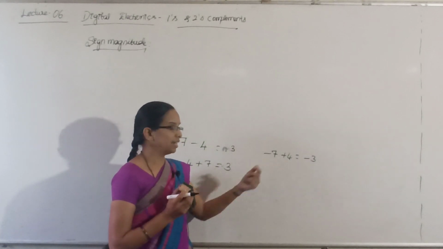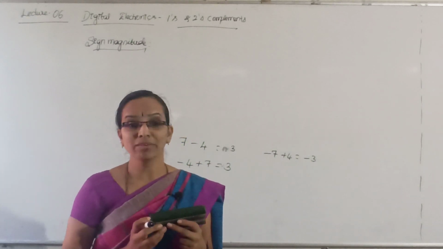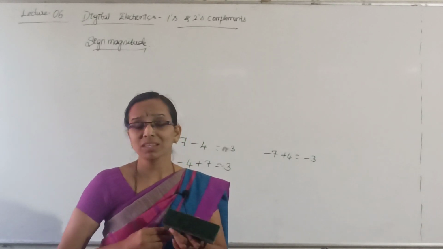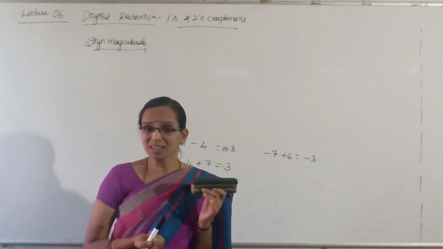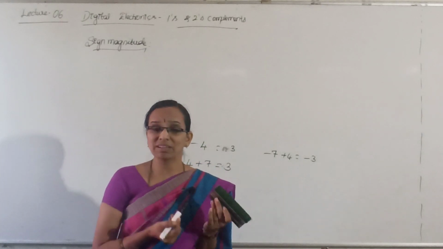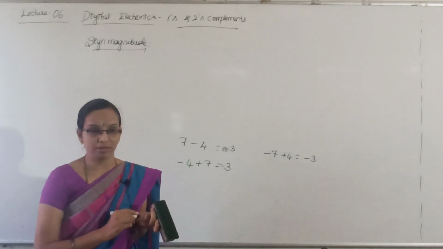It is a negative integer. While writing negative integers, we use a minus sign in front of the number, whereas while writing positive integers, we will not put any sign. That means it is understood that it is a positive number, having a positive sign in front of it. Those are called unsigned numbers.